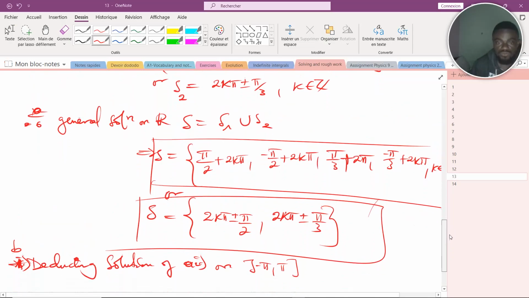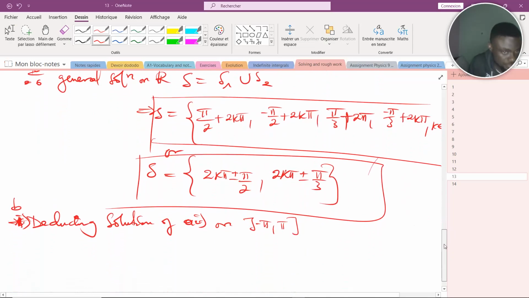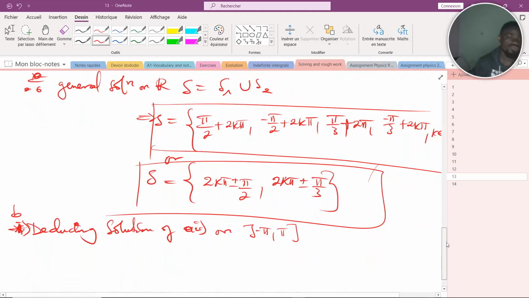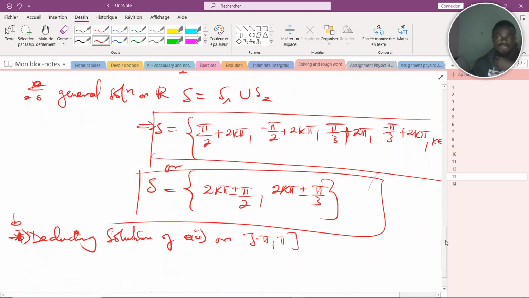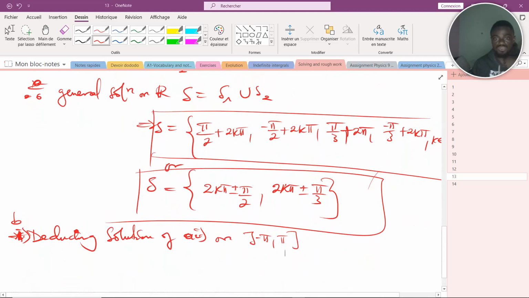We have to deduce the solutions on this interval.